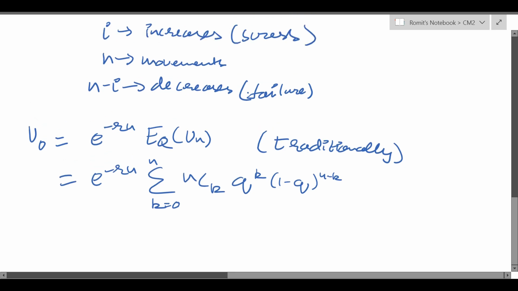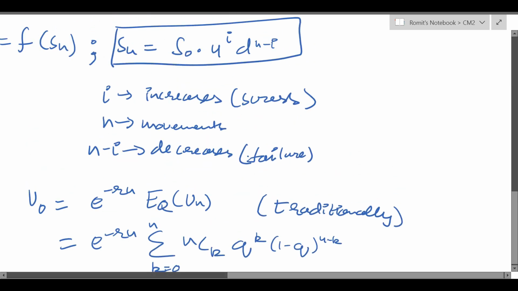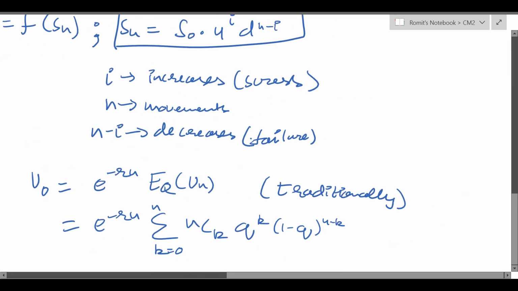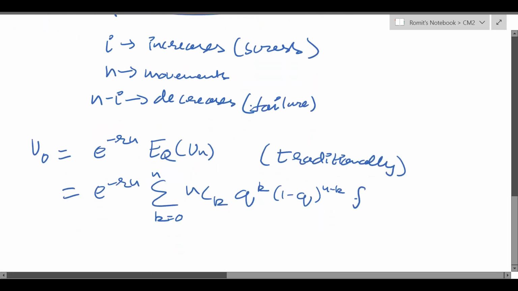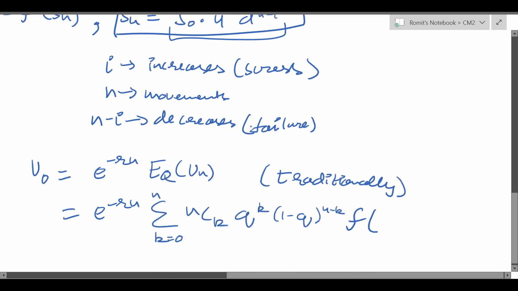So this is the probability of obtaining a particular value of Vn, which will be obtained where there are k increases and n minus k decreases. So let's just write it as some value of Vn, but which particular value? That value which is a function of Sn, which can be determined using this equation, which will be S0.